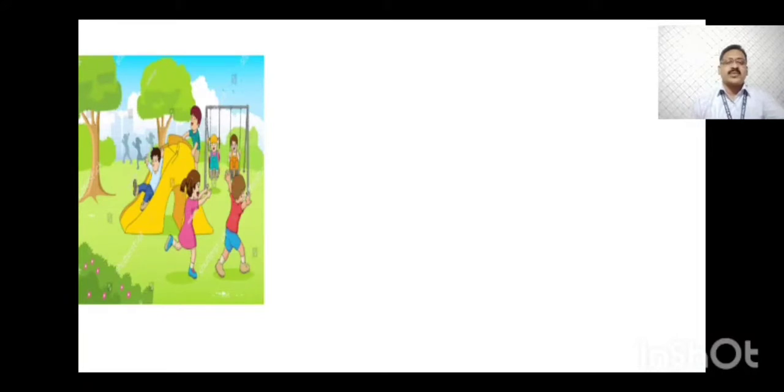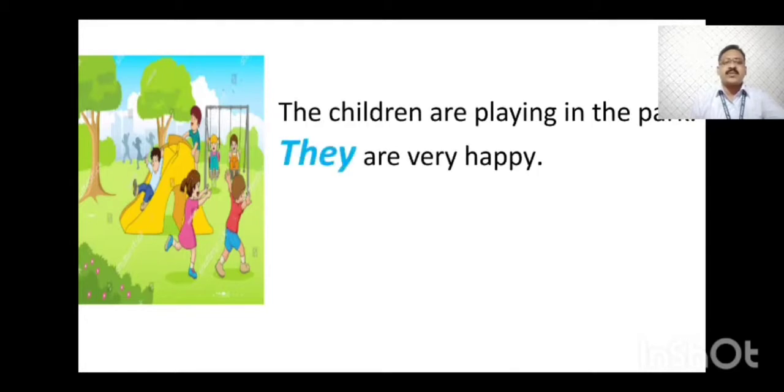Now comes some children playing in the playground or park. Let's see the sentence. The children are playing in the park. Children is a plural noun, more than one. So instead of children, again I have to write, they are very happy.